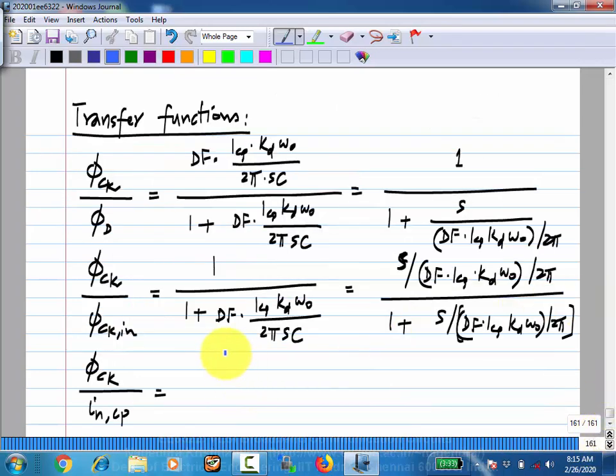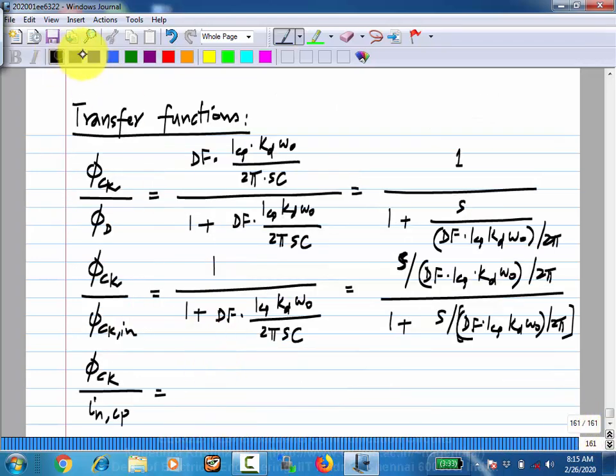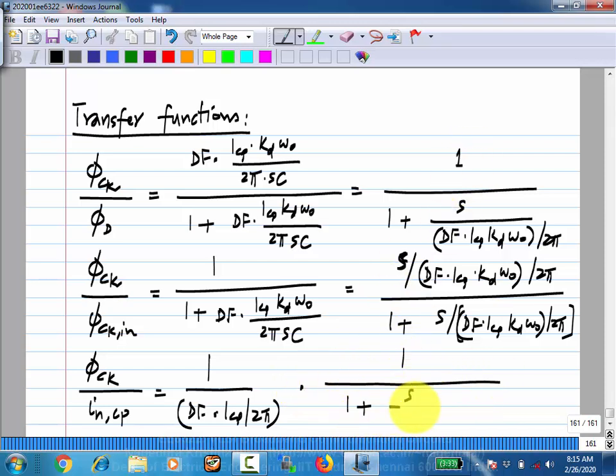So I'll just take this and divide by that whole thing, times that transfer function. This of course is from the current to the output phase.